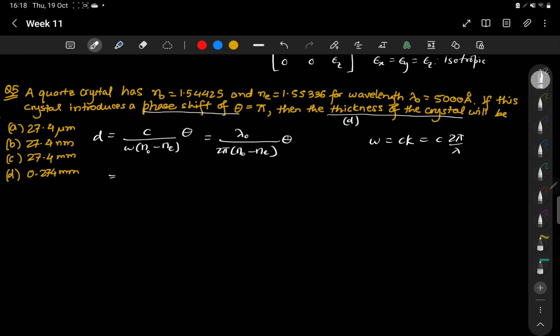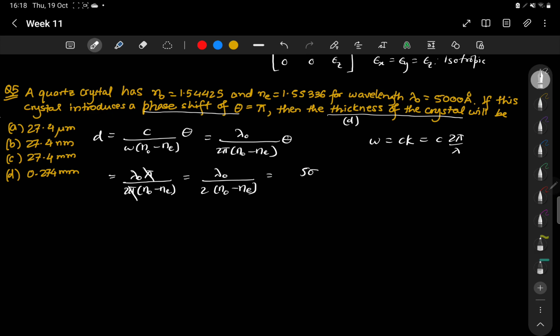Now we can plug in the values. So for us theta is equal to pi, so lambda naught pi over the following, then pi gets cancelled out. This gives us lambda naught over 2 times NO minus NE. Now just plug in the values.